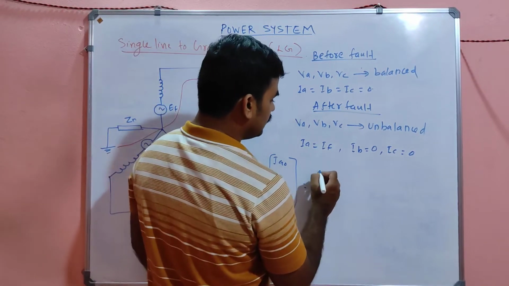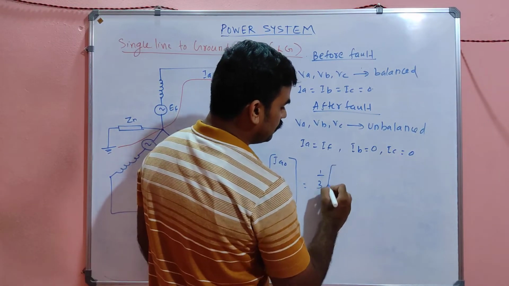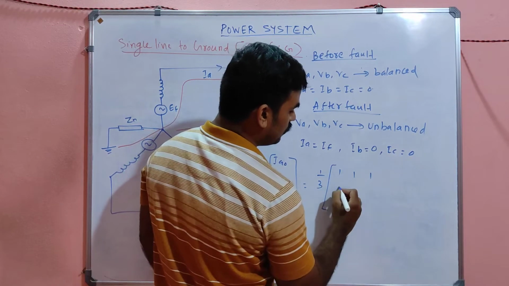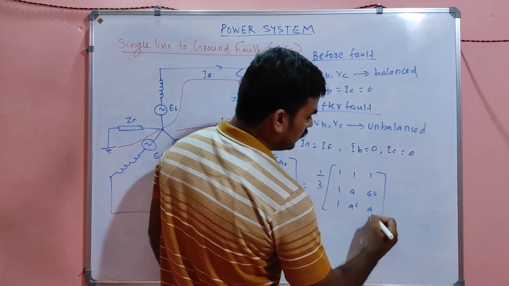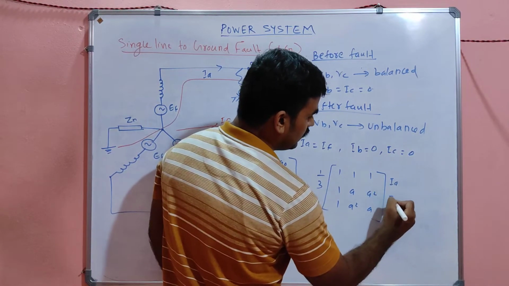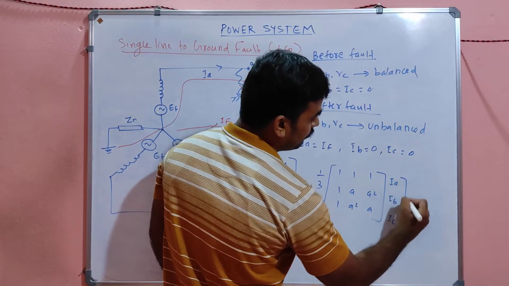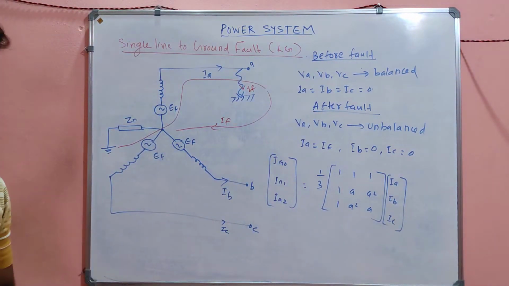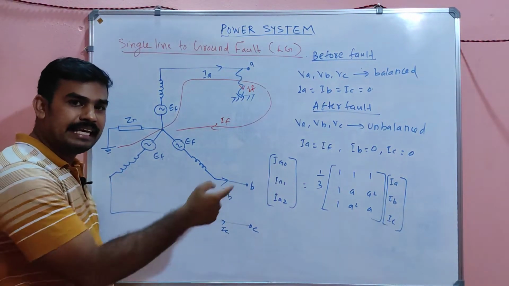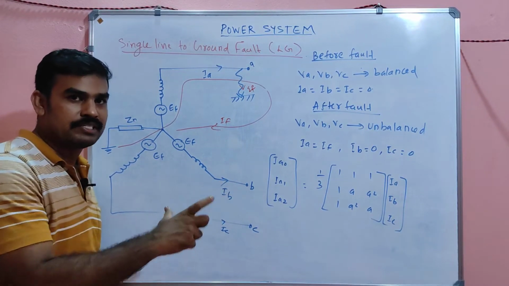How can we calculate that? It is nothing but 1 by 3 into the matrix [1 1 1; 1 a a^2; 1 a^2 a] into IA, IB, IC. Correct, my dear? I already explained this. I already gave you this matrix equation, correct?